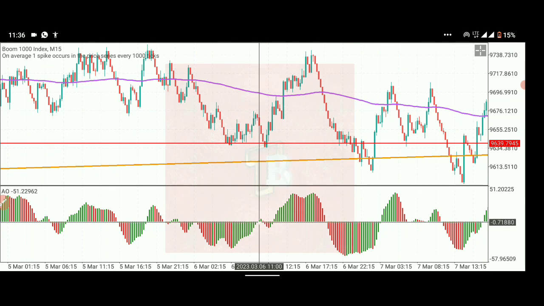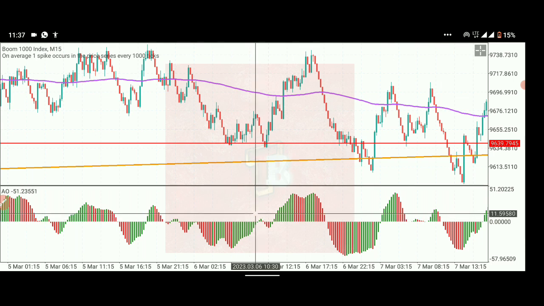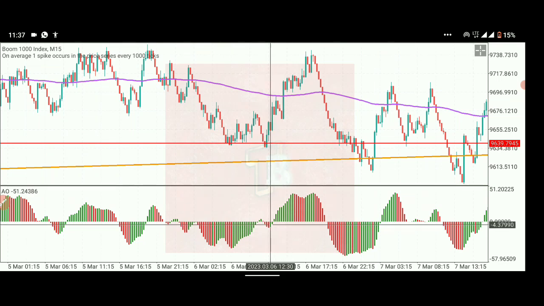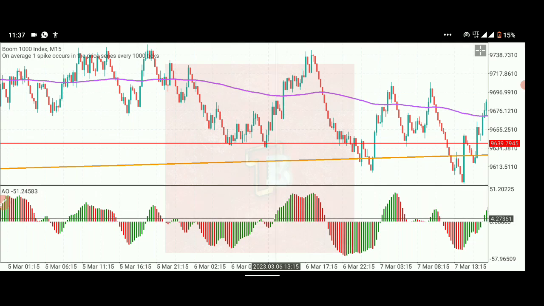Had we just entered once it switched, we would have been in losses. All this zone here would have been in losses. But if we had waited for a confirmation, you see it? We would have entered around this zone.